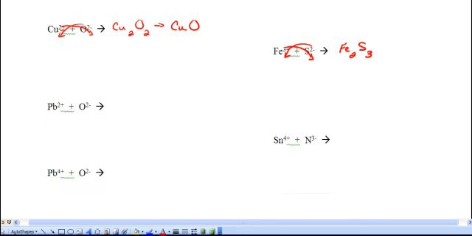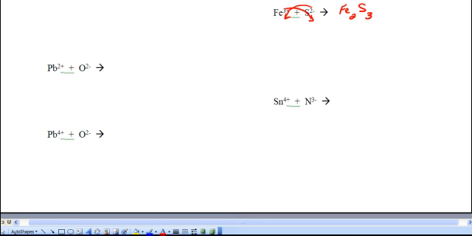Okay, let's try a few more here. The lead 2 plus with the oxygen 2 minus, you crisscross it, it would be a 2 and a 2 there, but that will reduce down to PbO.